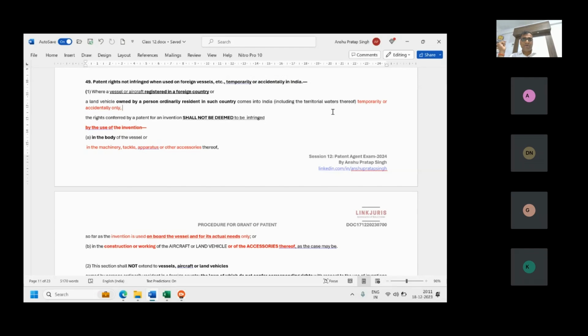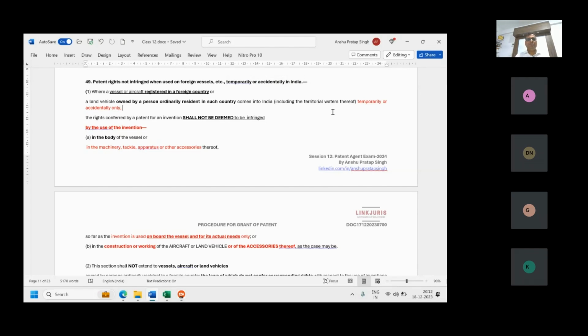The boundary of India doesn't end at the land. It extends into the sea. To the extent India can exercise its sovereignty on the sea, that part is called the territorial water of India.